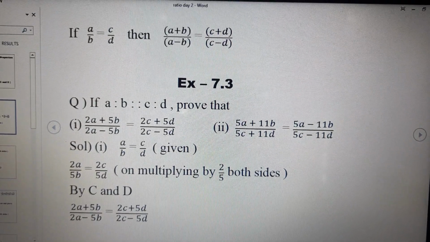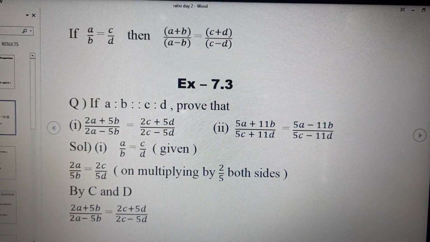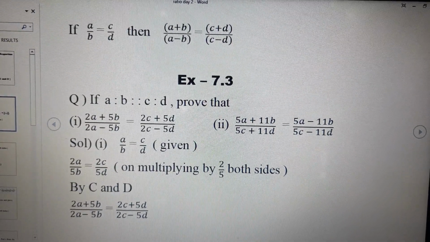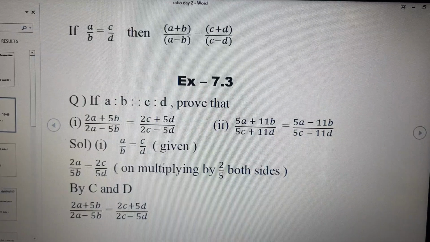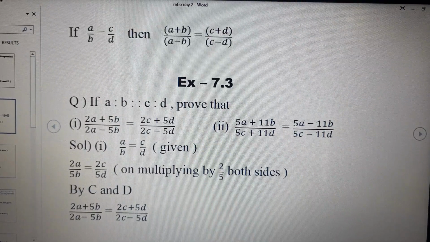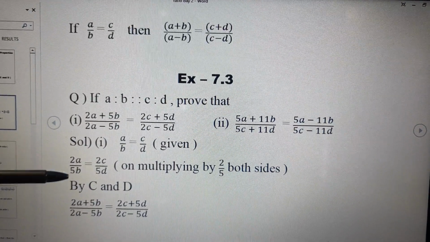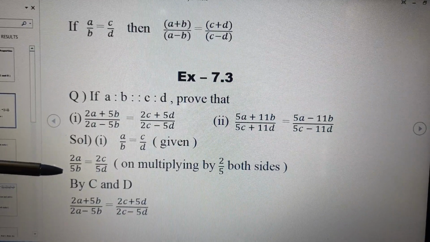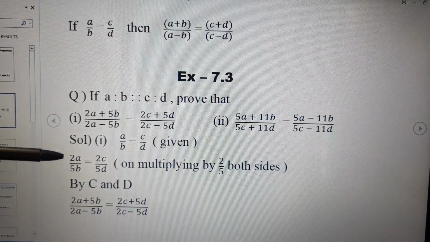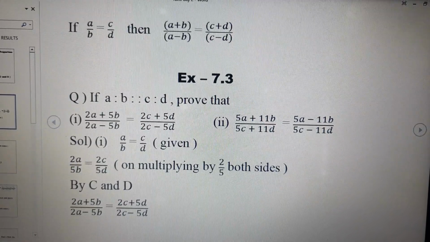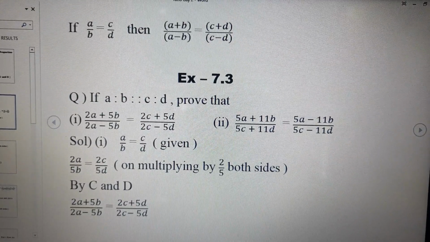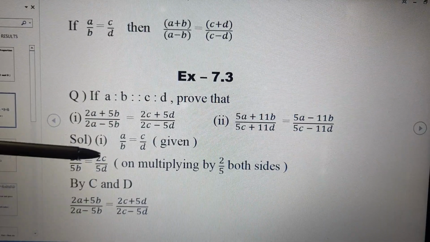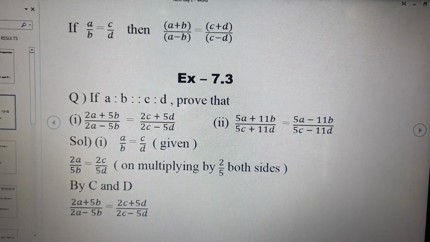Of this much we have got, if we apply componendo and dividendo, C and D, short form of componendo and dividendo, then numerator plus denominator, that means 2A plus 5B divided by numerator minus denominator 2A minus 5B is equal to 2C plus 5D divided by 2C minus 5D.